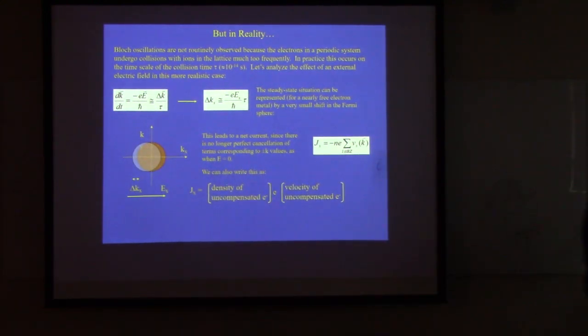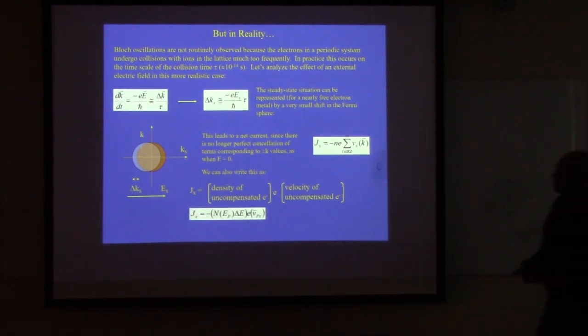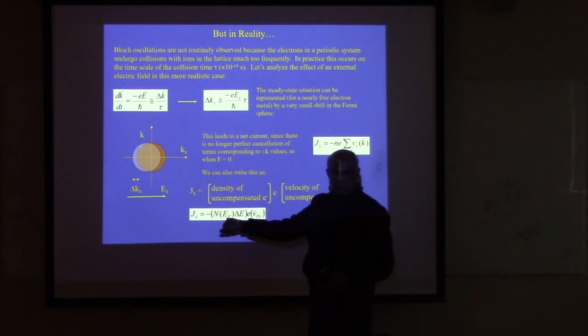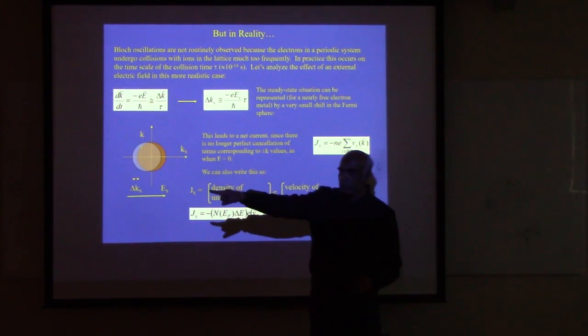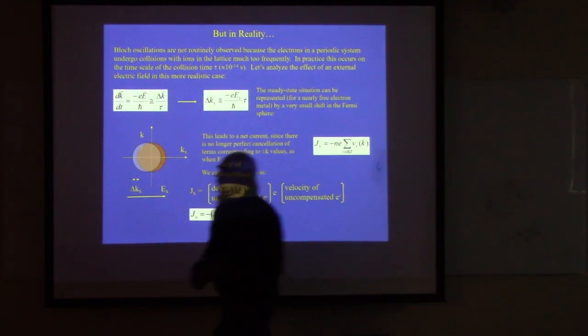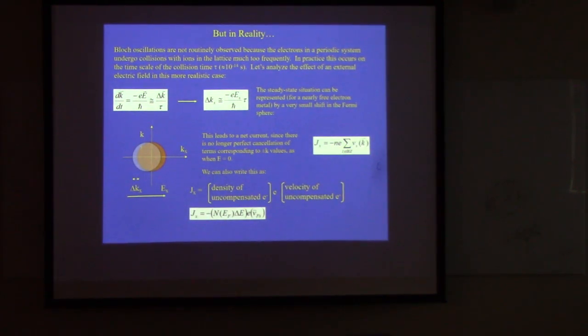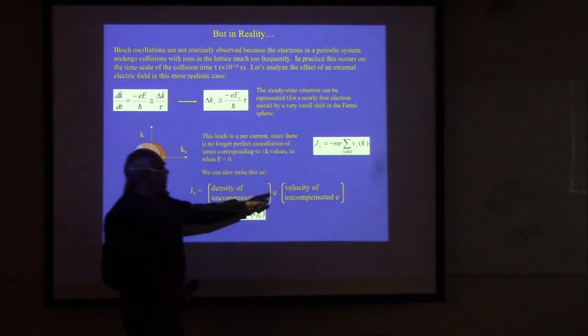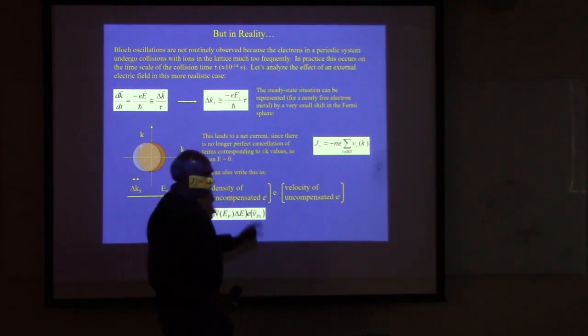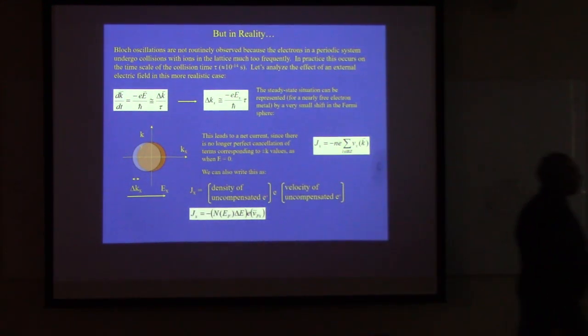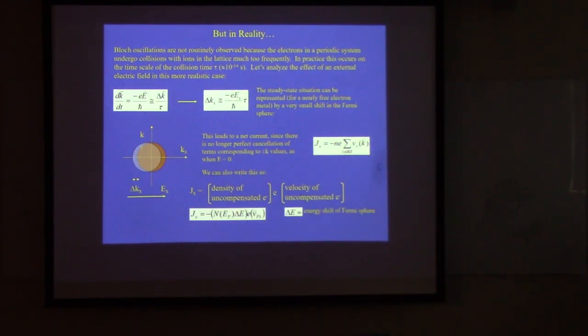So what you get here is the density of states times delta E, that's the total number of electrons in that region. dn equals N(EF) delta E, but we only consider the density of states near the Fermi energy, times the charge times the average velocity. Now we can substitute this.